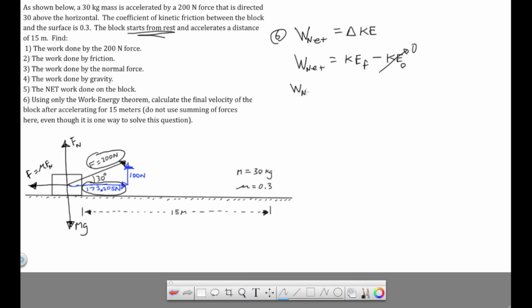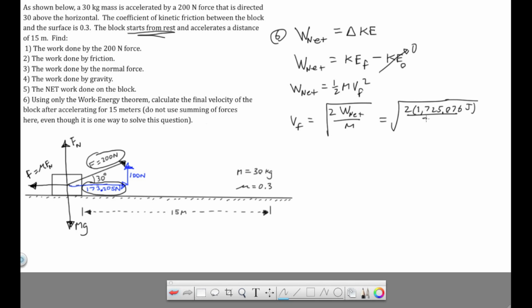The block starts from rest, so that means the initial kinetic energy is 0. So work net is going to be equal to 1/2 m v final squared. So the final velocity of the block is going to be the square root of 2 times the net work over m. And we know that the net work, the total work done, is 1,725.076 joules.